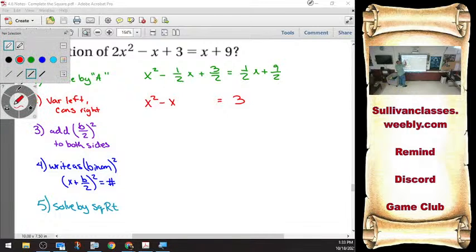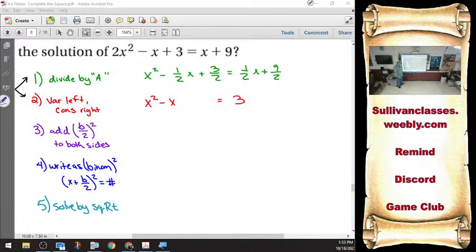Now that I'm here, it's actually not too bad. Add b over 2 squared to both sides. What's b? Over 2. Negative 1/2. Careful. Square it. 1/4. So now I can write that as a binomial squared.